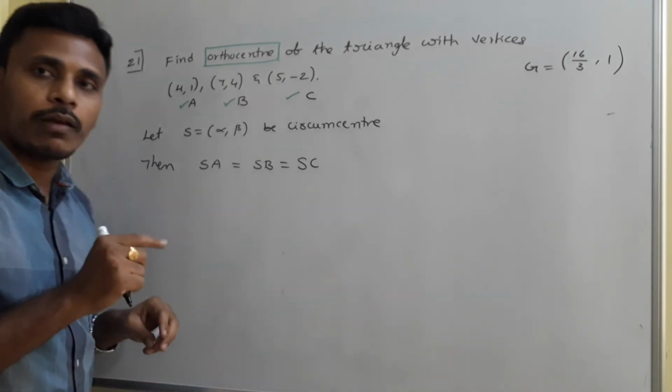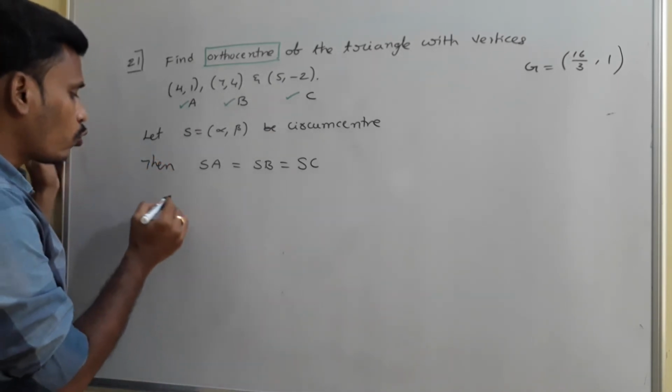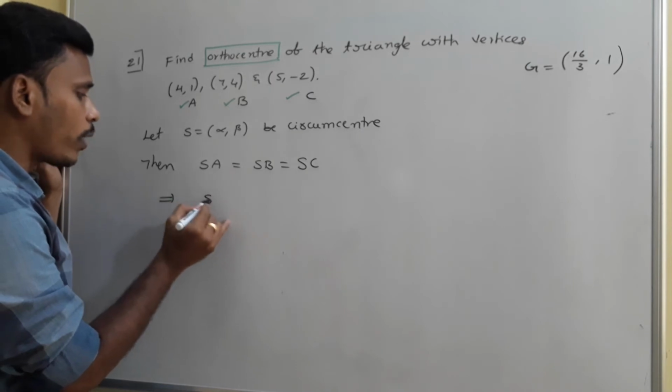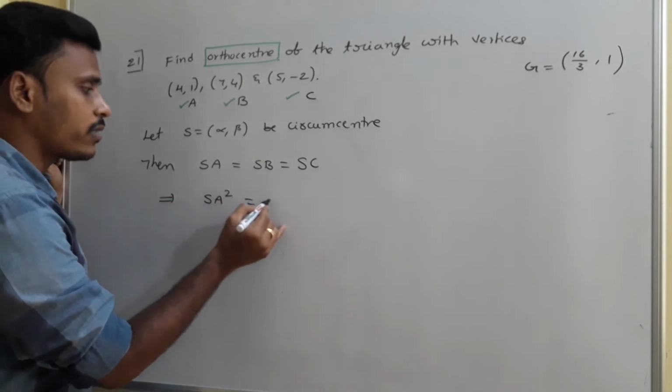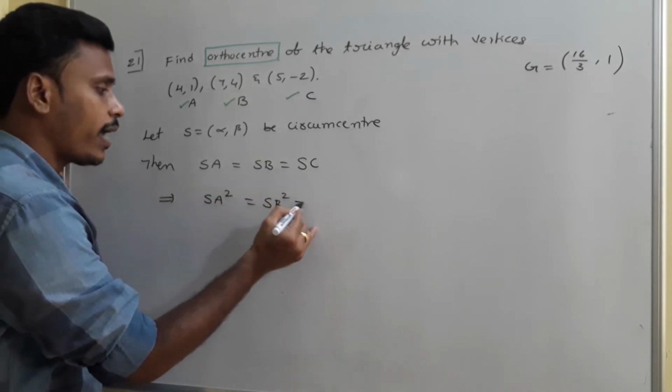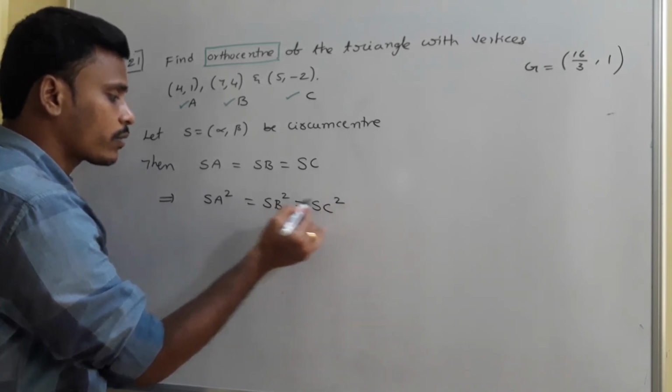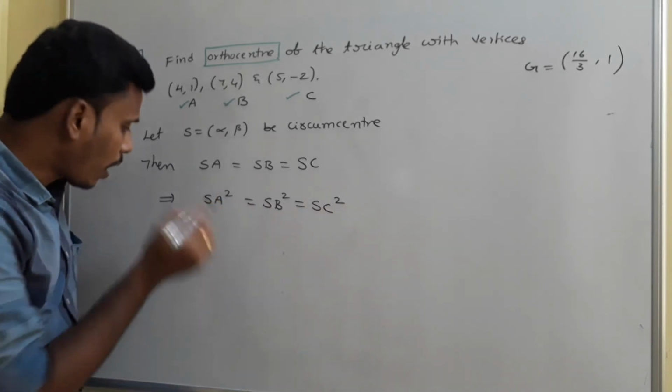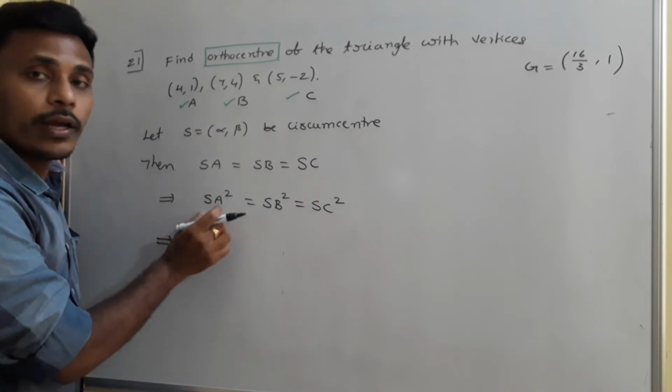In the distance formula we will get a square root, right? So to remove that square root, just square: SA square is equal to SB square is equal to SC square for all the three. Now what is SA square?